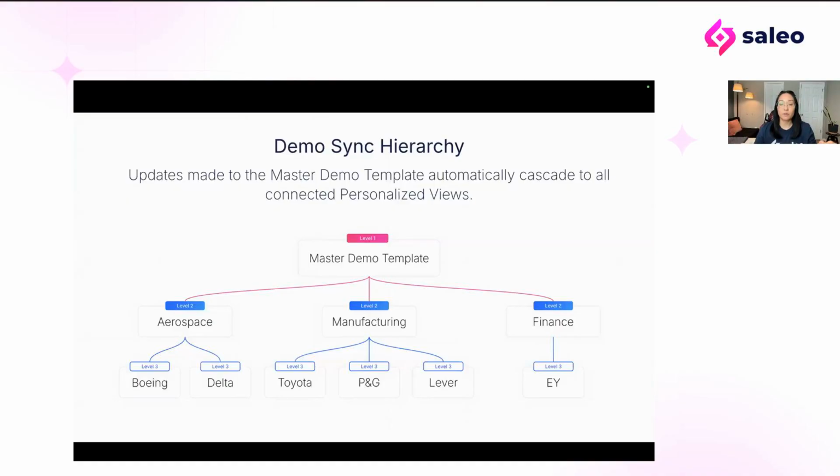So if from an implementation perspective, you have rolled Saleo out to your broader team, but you're still in the process of developing new areas for takeover with Saleo, you'll want to remember that any new tables, new columns, new subtables that are added to your overall Saleo model need to be updated individually across all of your parent demos.